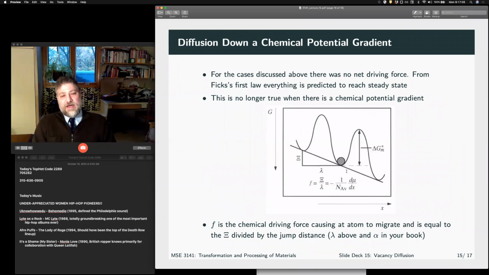Before we talked about self-diffusion, we always just said that the composition is going to equilibrate, right? If we have a composition gradient, given time, eventually the composition will become uniform everywhere.